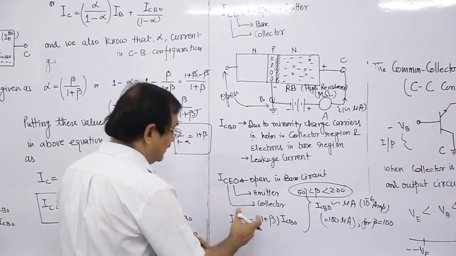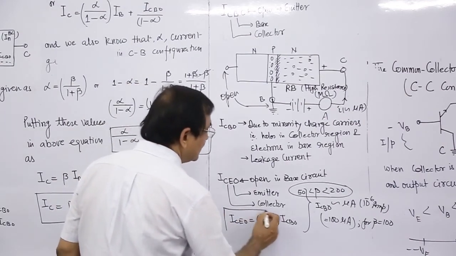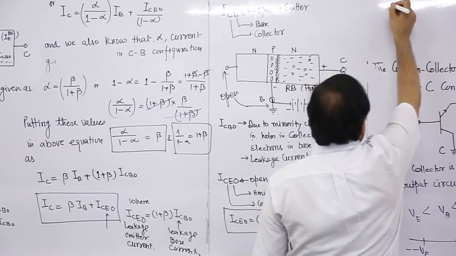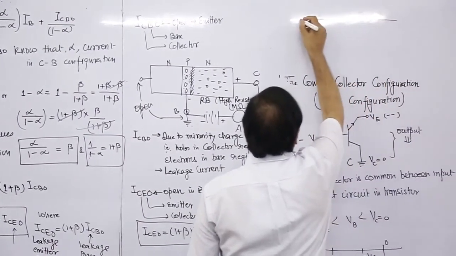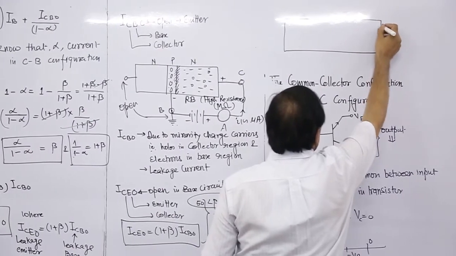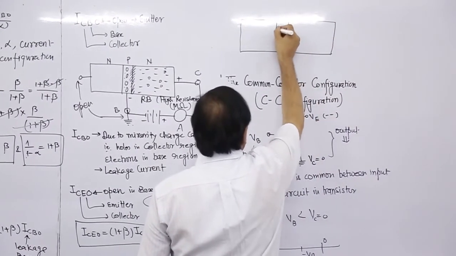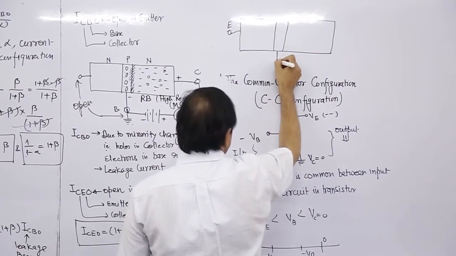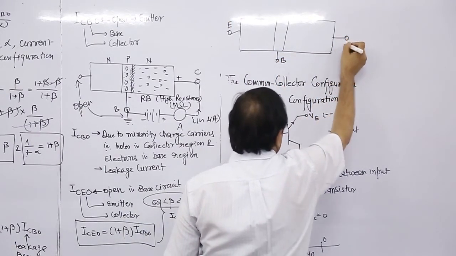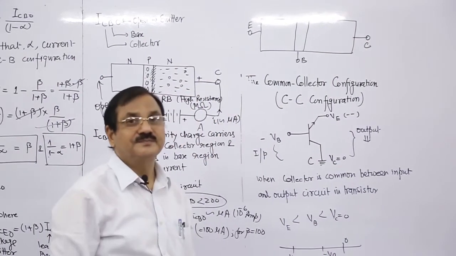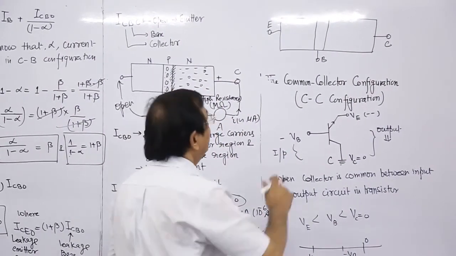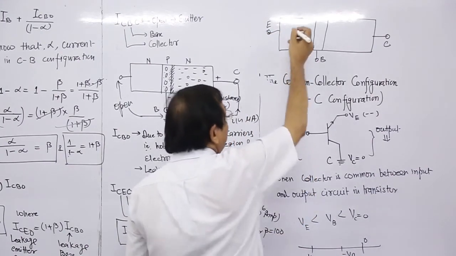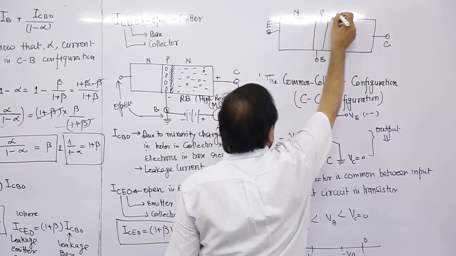What does this equation mean? We can have this type of diagram. This is the emitter, this is the base, and this is the collector, an N, P, N structure.